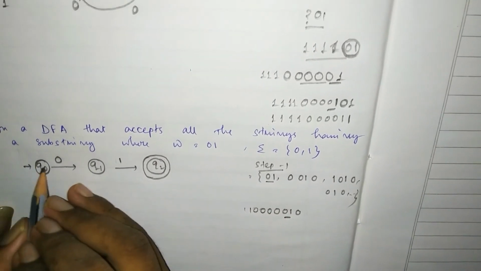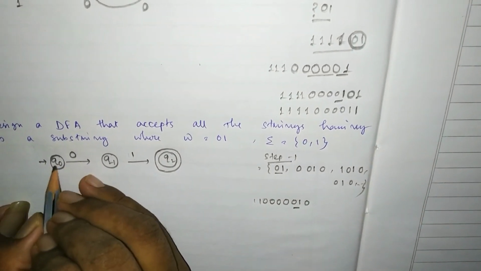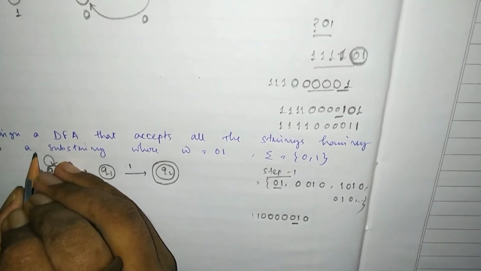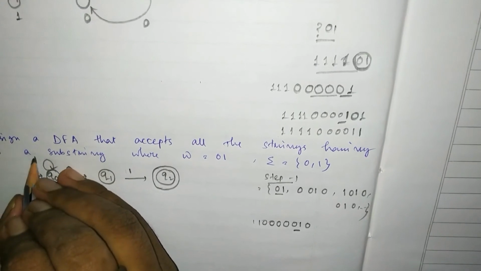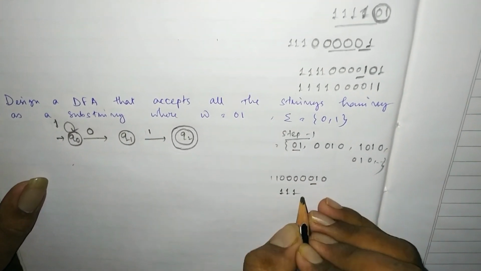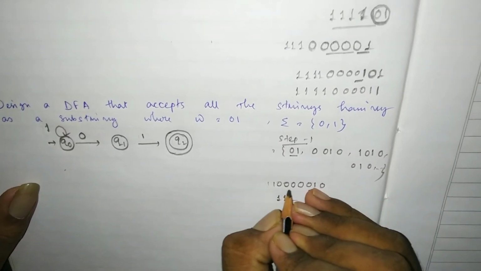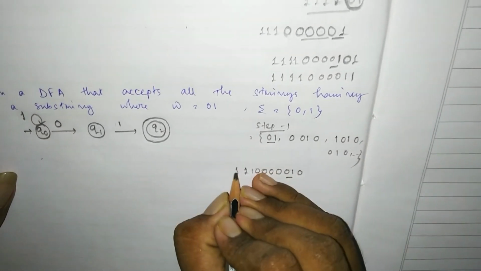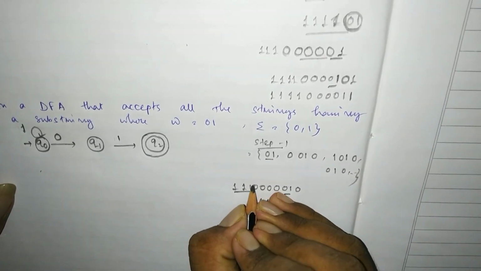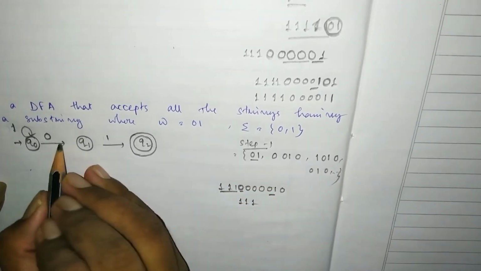So we have to make a transition for 1, and as I said, we can have multiple ones over here, so we just made a self loop. Whenever we encounter a 0, we move on. So we have exhausted this portion and we have reached this 0 from Q0 to Q1.